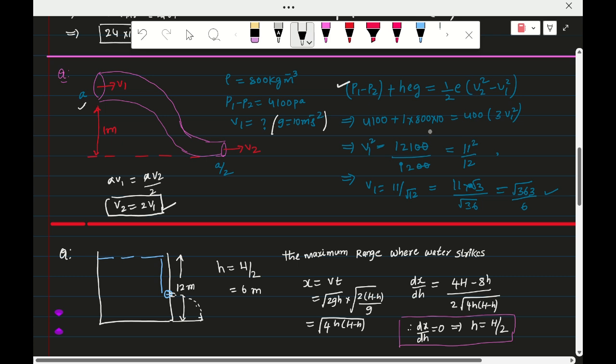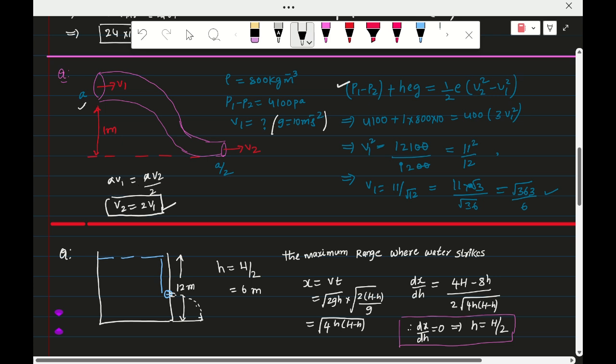Otherwise, you can substitute in the place of V2. I want to find V1, therefore V2 I need to eliminate. Here A2 is A by 2, which means V2 is equal to 2A V1 by A, that is equal to 2V1.